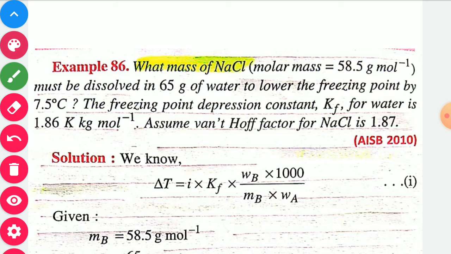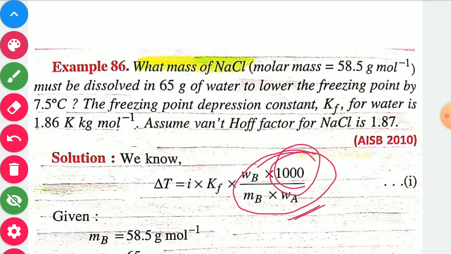As we know that depression in freezing point delta Tf is equal to i Kf into m, that is the molality. In place of molality we may write Wb into 1000 upon Mb into Wa. Remember, if the mass of solvent is taken in gram, then we take 1000 in the numerator.